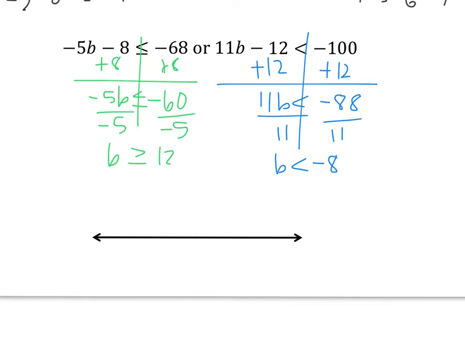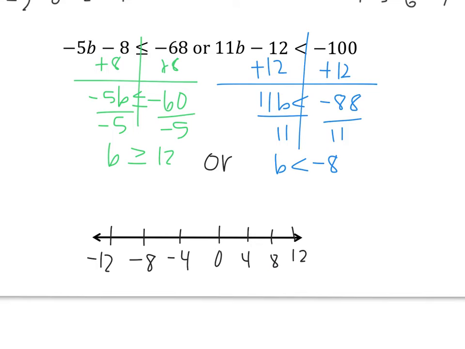So now I'm going to go ahead and graph these two inequalities, and that should say or in the middle. And then I'll count by fours, negative 8, negative 4, 0, 4, 8, 12, and that will be good.